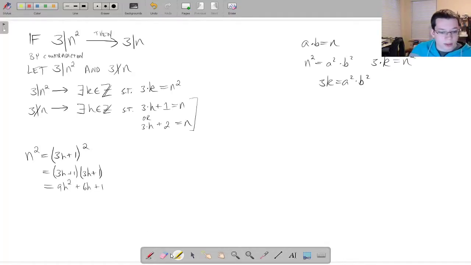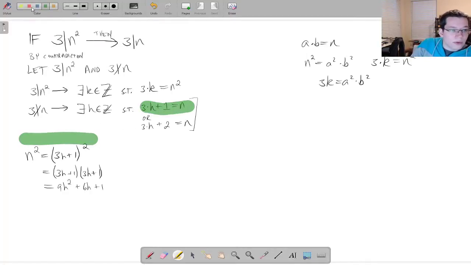Let's color code here. That's for this one. Green goes there, blue goes here.